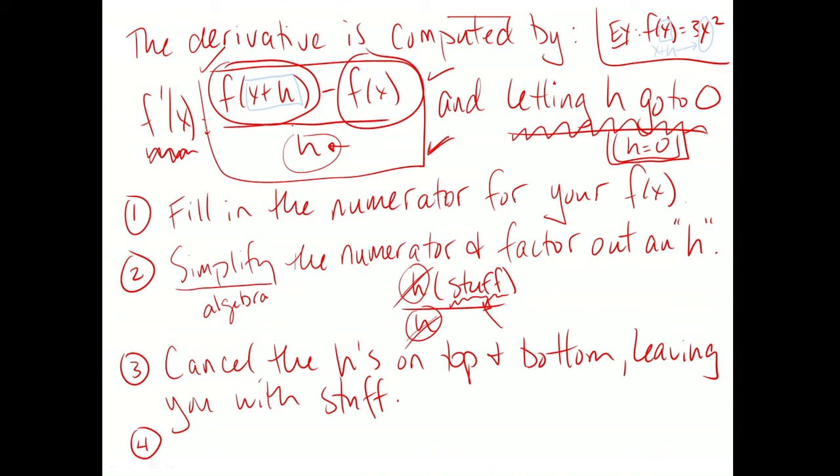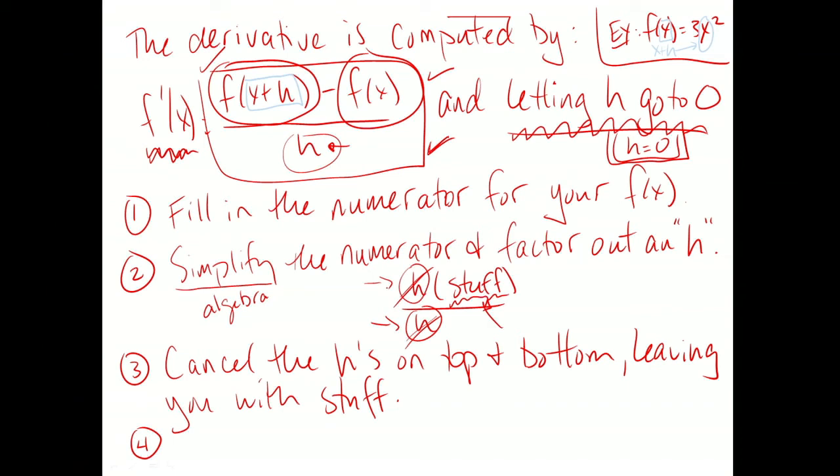But look at what we've done. We've dealt with that by canceling out that h with this h. And so when you're left with just stuff, you do not have a divide by h. Again, if you did this correctly anyway, you won't have a divide by h staring you in the face. You'll just have some stuff, and by stuff, I mean x's and h's and numbers and stuff like that.